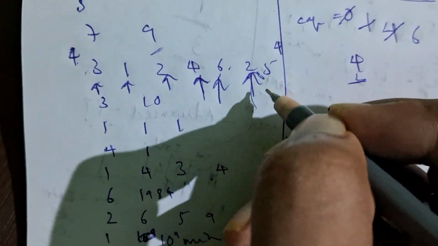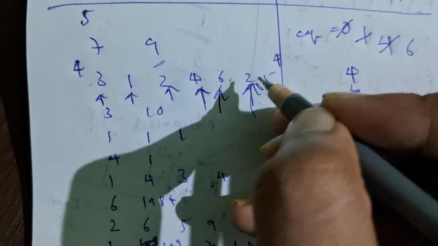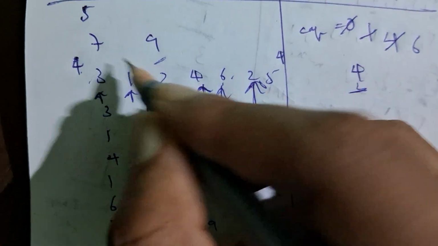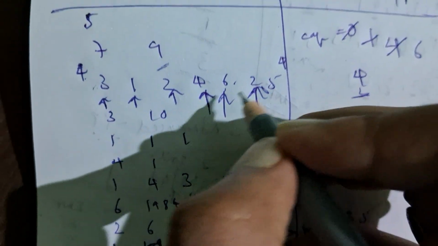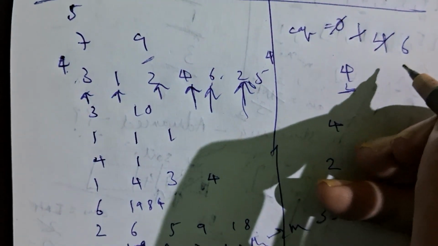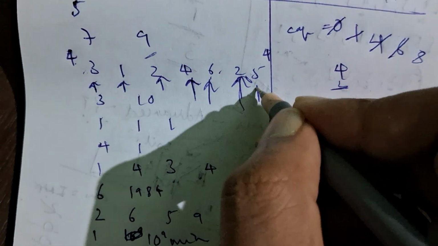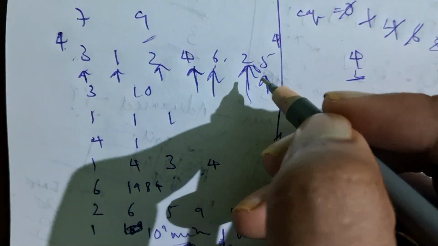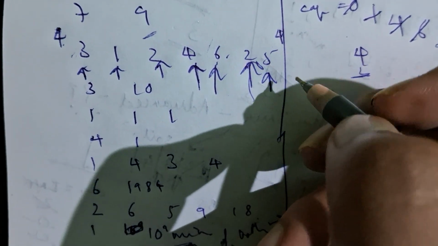For this 2, the maximum over here is 4 and the maximum over here is 5. The 4 is what we have to consider, because the minimum of 4 and 5 is 4. So 4 minus 2 is 2, so it becomes 8. For this 5, the maximum over here is 6 and the maximum over here is 4.